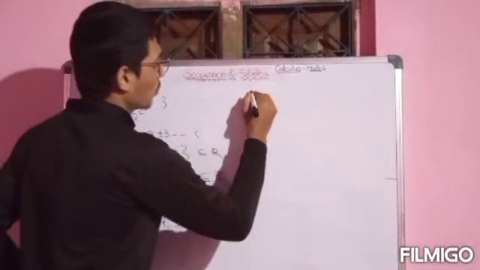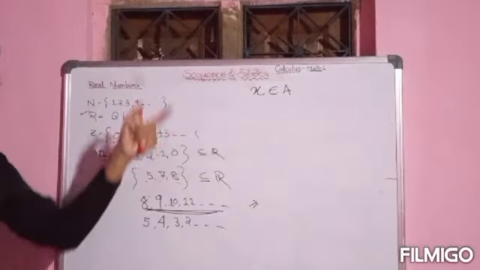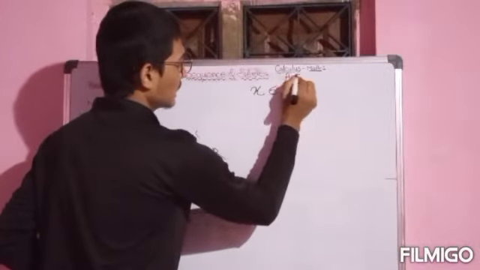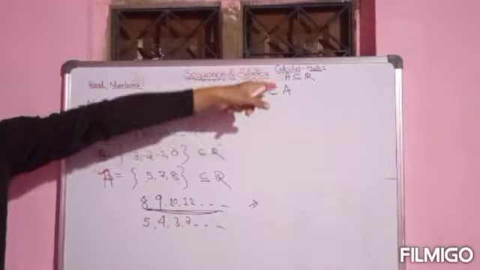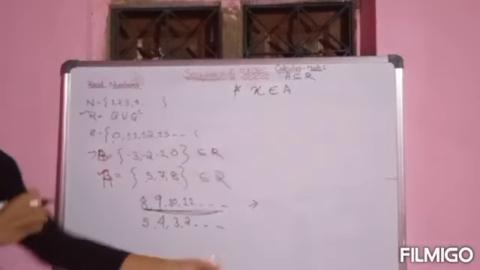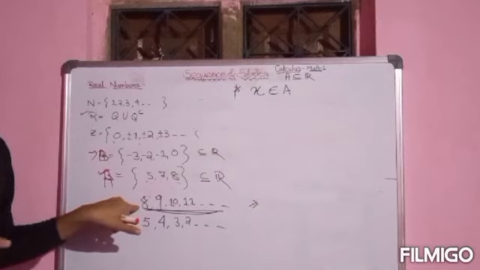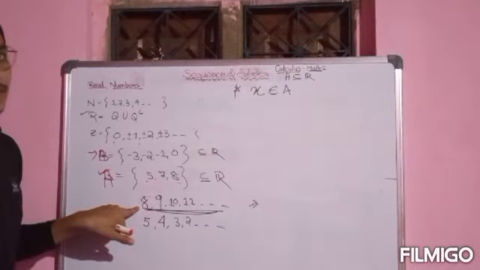Suppose X is any element of A. What is A? A is a subset of R. If X is any element of A, I have to find that there exists at least one. I'm not saying more. There may be one or more than that, but we have to find at least one.